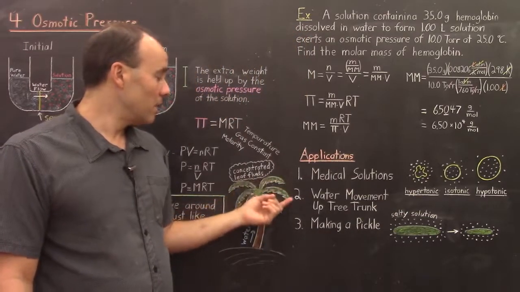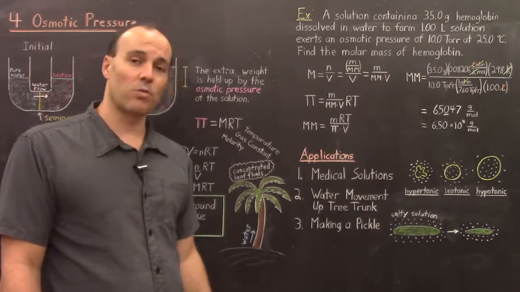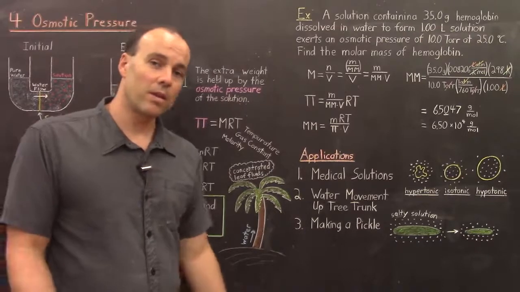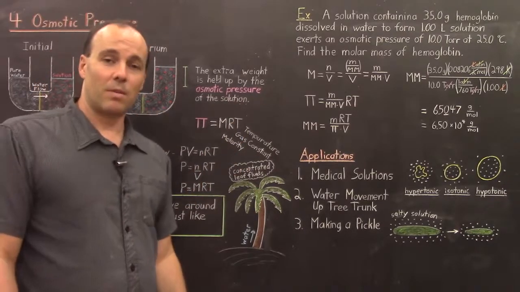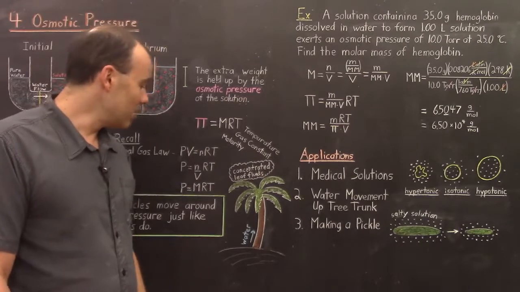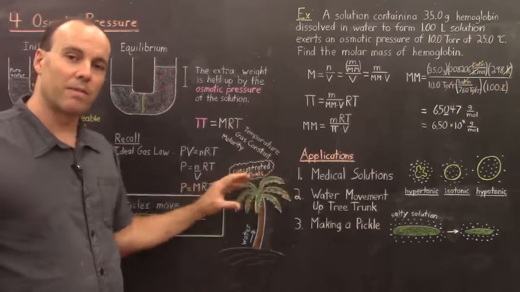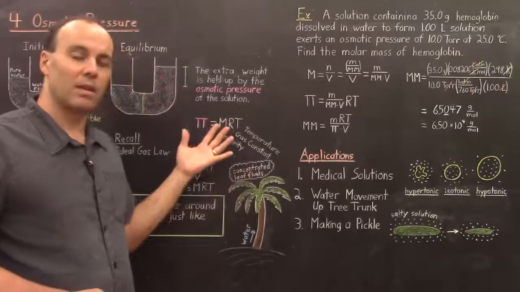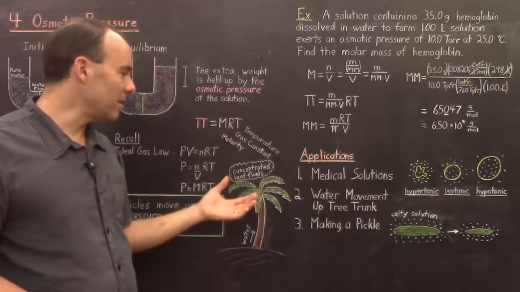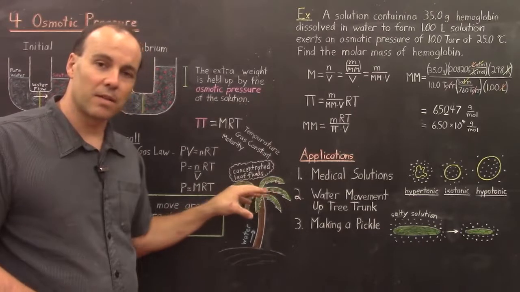Application 2, osmotic pressure is also the mechanism by which water moves up a tree trunk. And here in Hawaii, we have our nice, beautiful palm trees. Some of them are pretty tall. And what happens is that these leaves on top of the tree, water vapor ends up escaping the leaves and into the vapor phase. And that leaves concentrated leaf fluids inside the leaf cells.